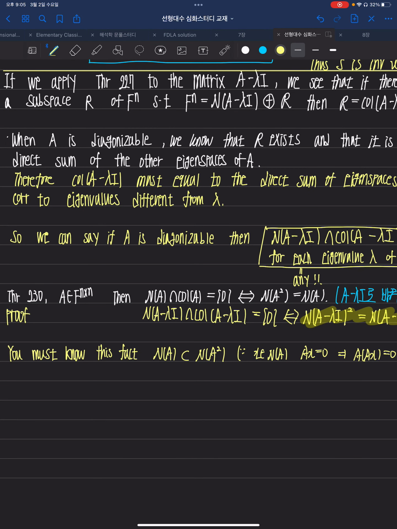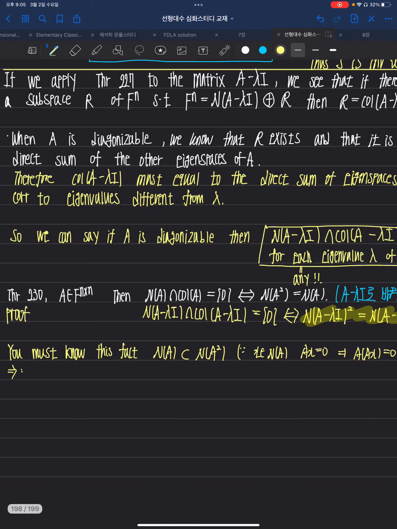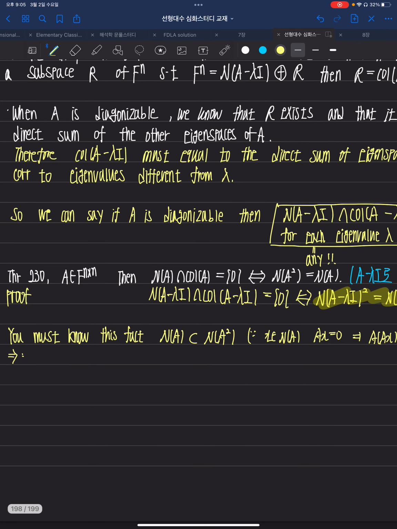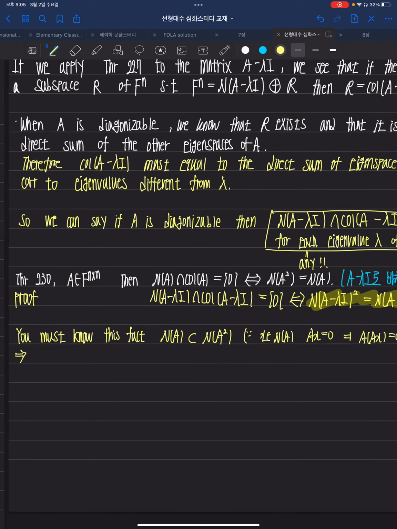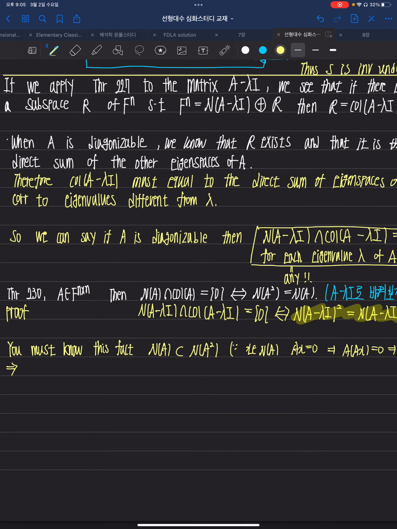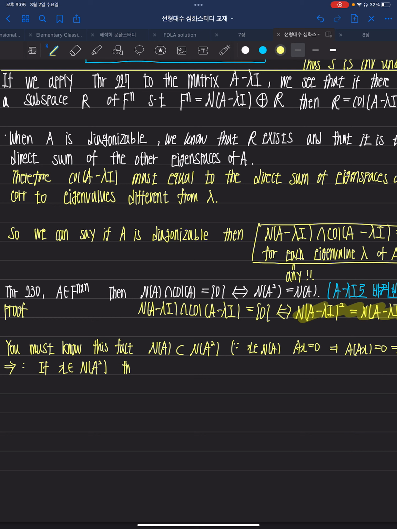So this statement means the converse direction. Suppose that, first let me show this direction. If X is an element of the null space of A squared, then A squared X is 0.